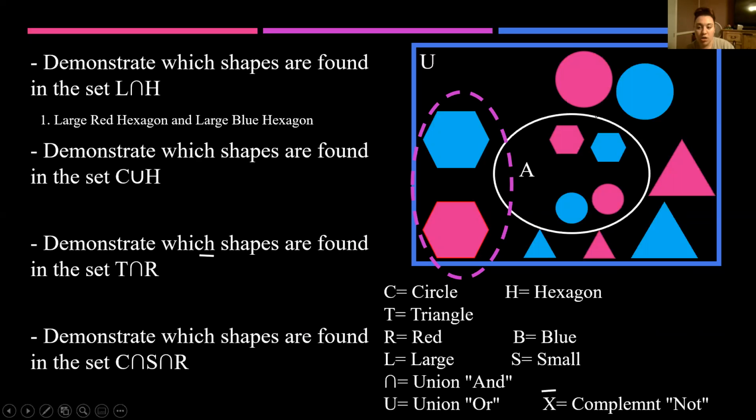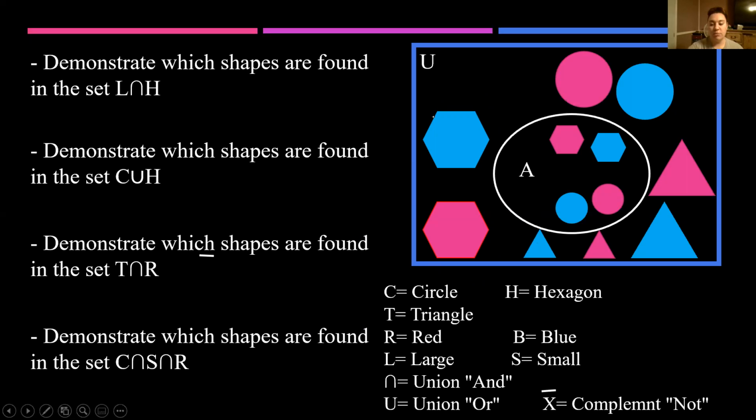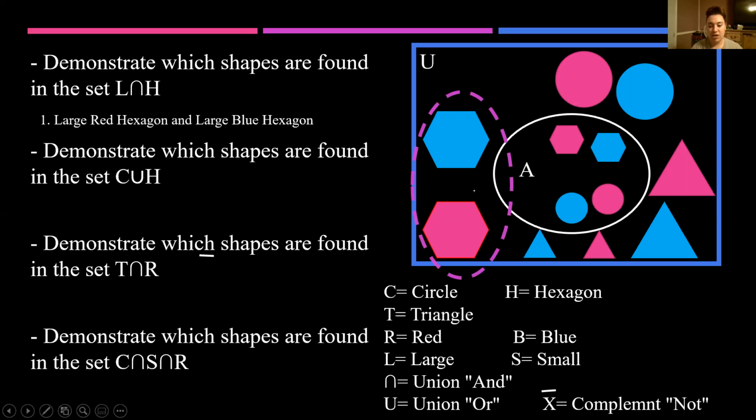We've got our circles, our triangles, our hexagons. They're either blue and some are small, we have large, and then we have red. Our red here is our pink ones. Okay, so demonstrate which shapes are found in sets L and H. Well, L and H is large and hexagon. So a large hexagon is going to be these right here.